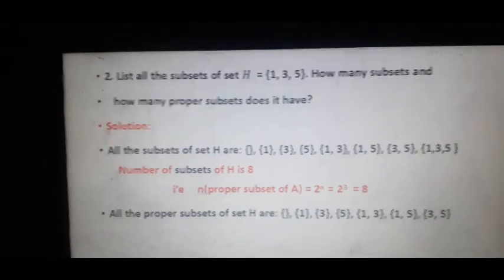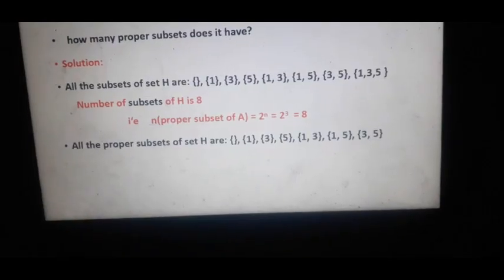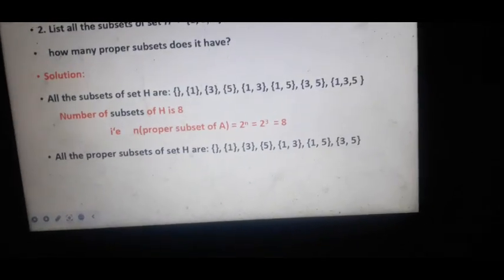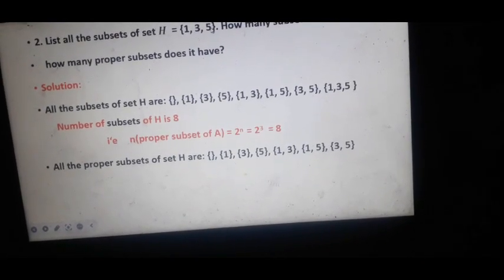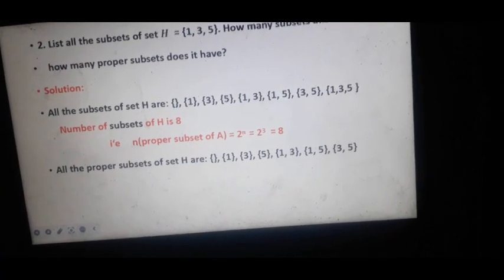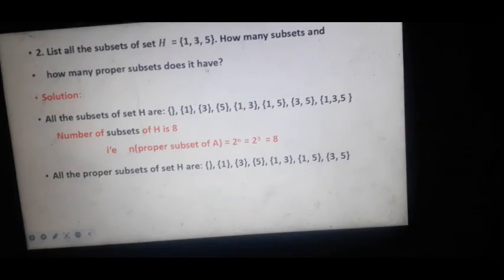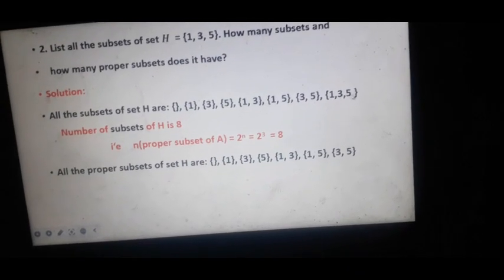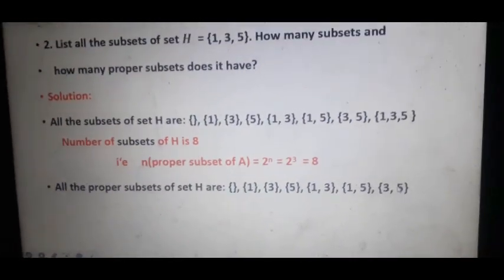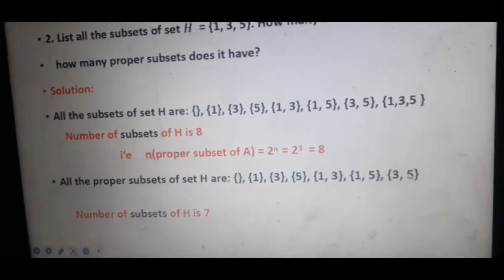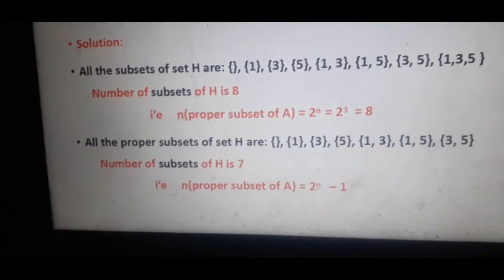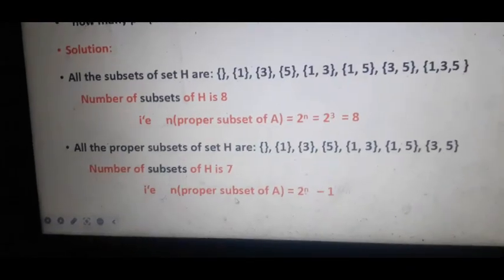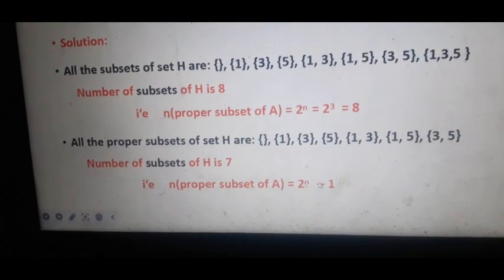The other is all the proper subsets. How many proper subsets does set H have? Since the number of elements is 3, 2 raised to 3 is 8, and because one of them is the set itself, we subtract 1. So the number of proper subsets is 7. The number of proper subsets of set A is 2 raised to n minus 1.